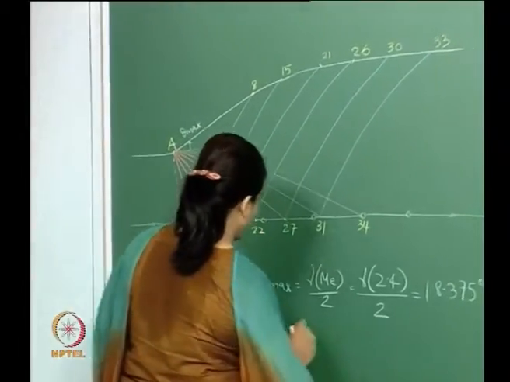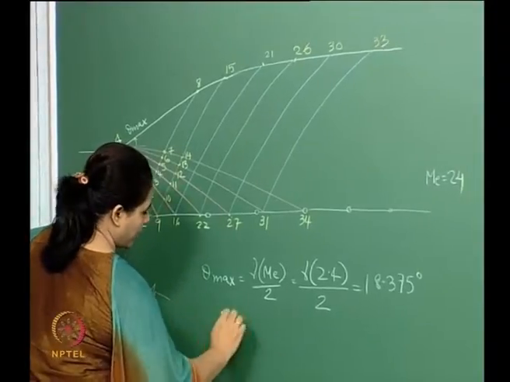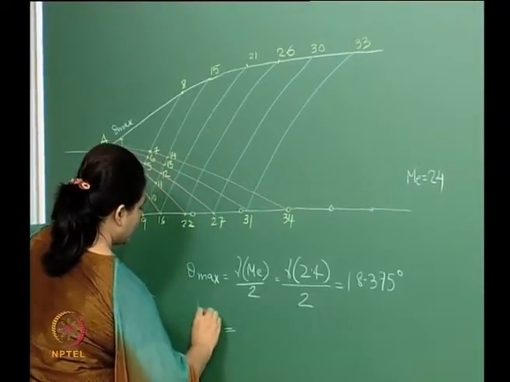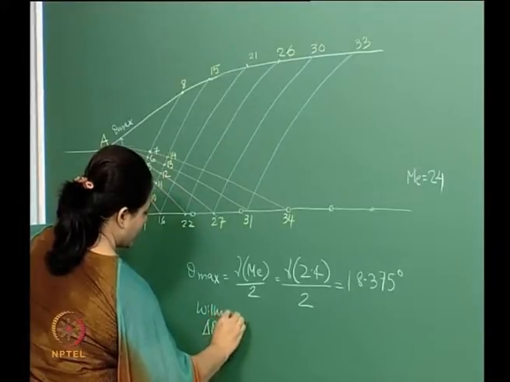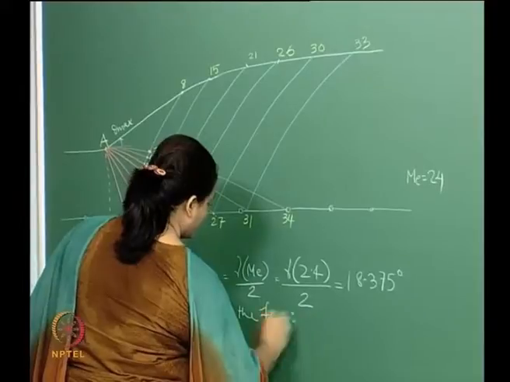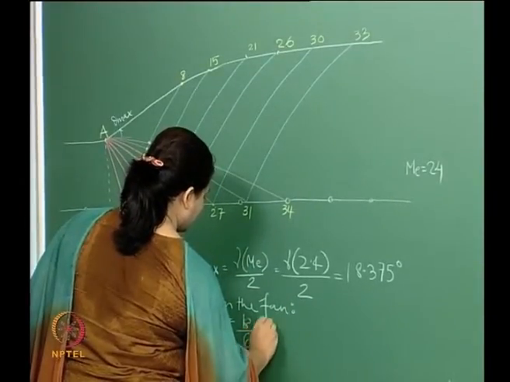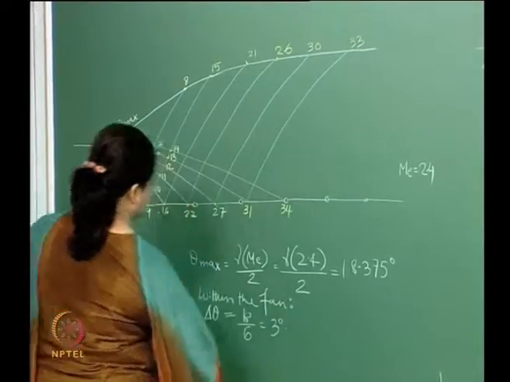So therefore, within the fan, delta theta is 18 by 6 degrees.